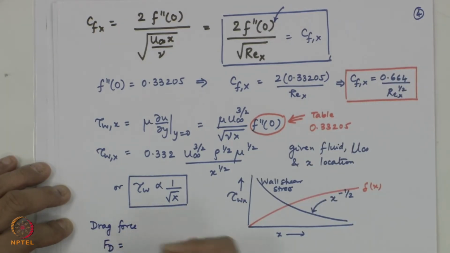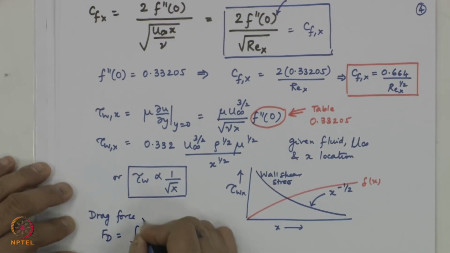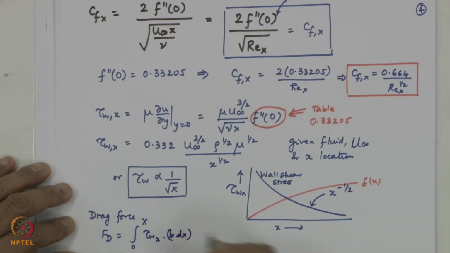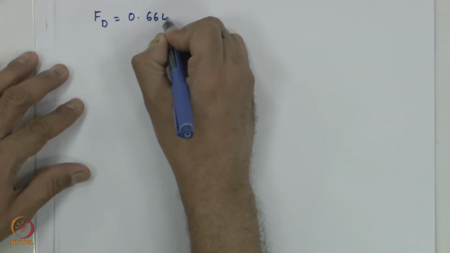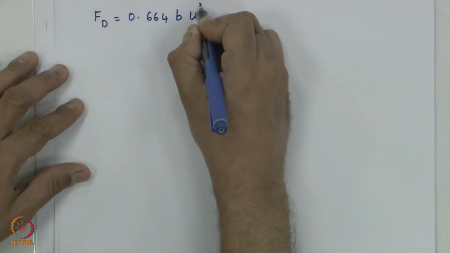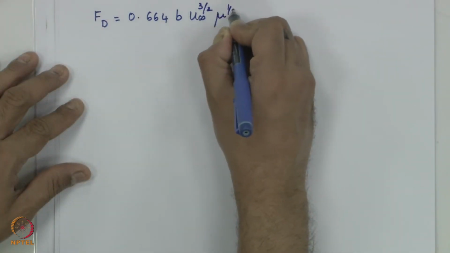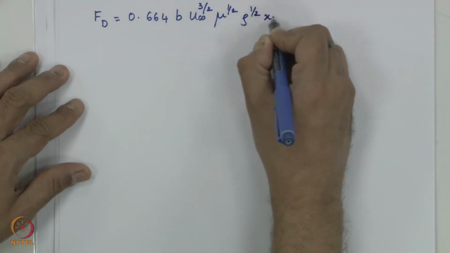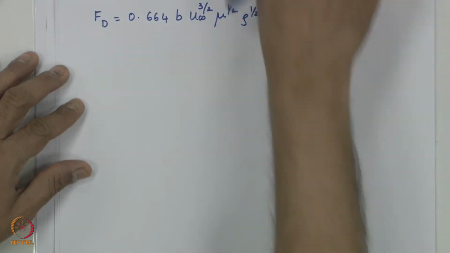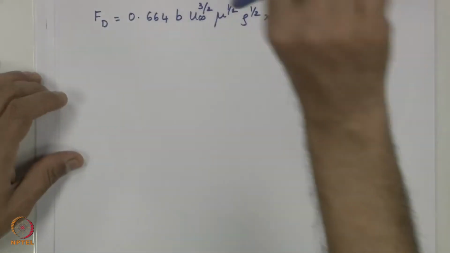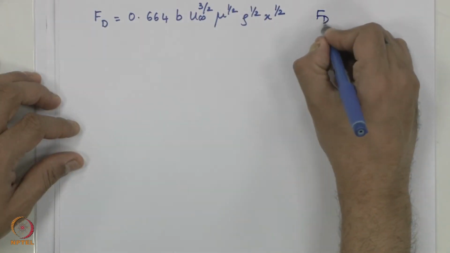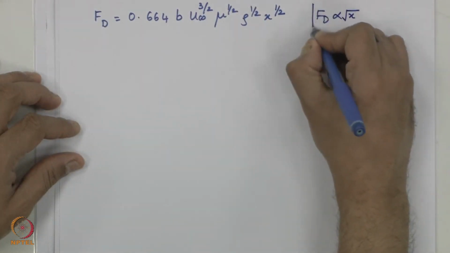Fd is equal to the integral from 0 to x of tau wall x times b dx, which is your area. Therefore, you would get drag force as 0.664 b u infinity raised to 3 by 2 mu to the power half rho to the power half x to the power half because of the integration. So, drag force is proportional to root x.